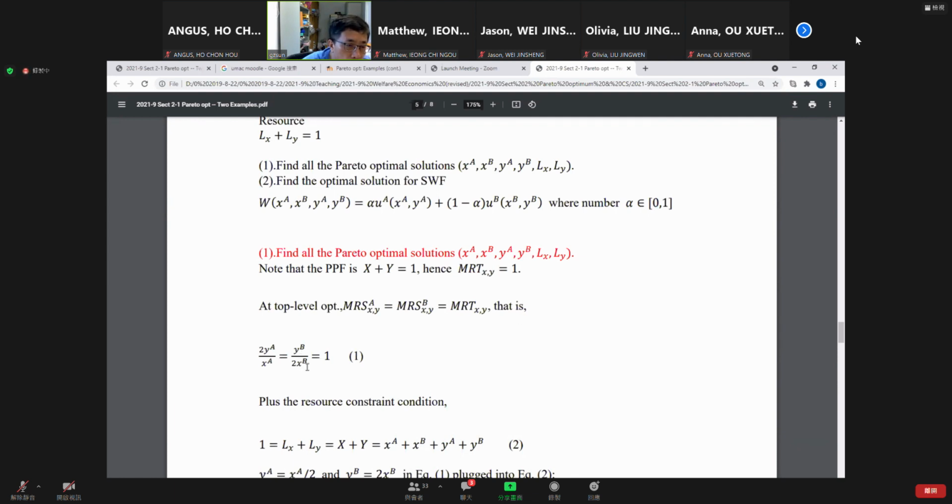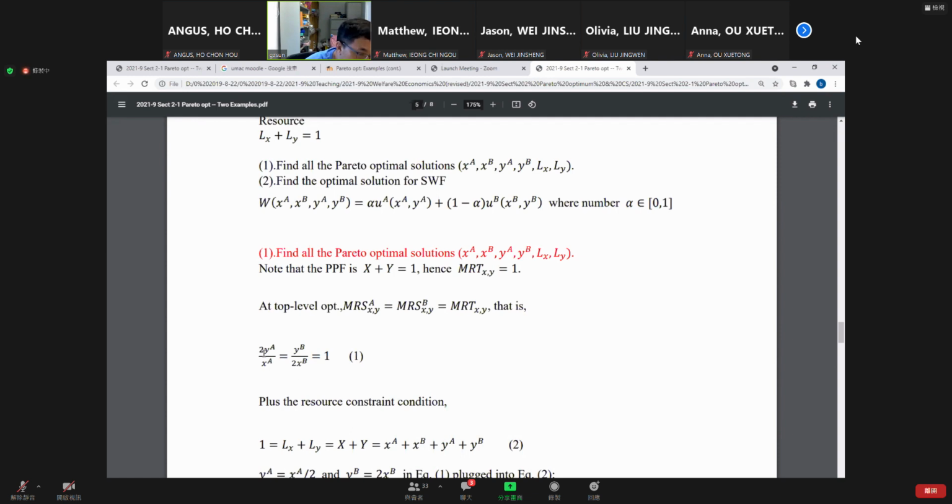And so therefore, at the top level optimal, the three numbers must be the same. This one, at the society level, I mean, for social production, is the marginal rate of transformation or substitution in the technical sense between x and y, equal to 1. The three numbers must be the same. So what does this mean?